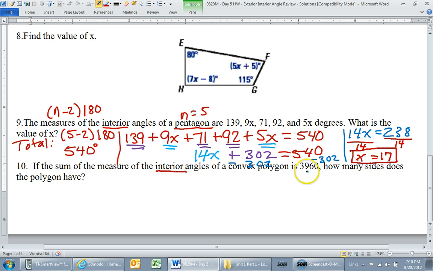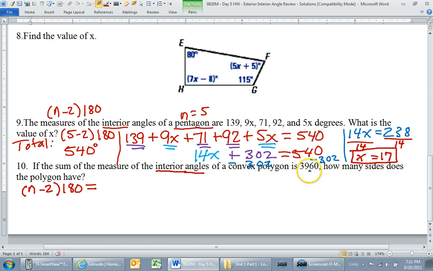We're given the sum. The formula for the sum is n minus 2 times 180. So let's start off with that. Okay, so n minus 2 times 180. That's the expression for the sum of all the interior angles.